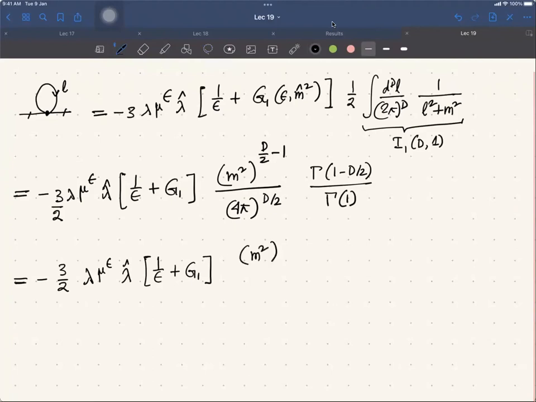Writing in terms of epsilon, d is 4 minus epsilon, so d by 2 minus 1 is 1 minus epsilon by 2, divided by 4 pi to the power 2 minus epsilon by 2, gamma of 1 minus 2 plus epsilon by 2.